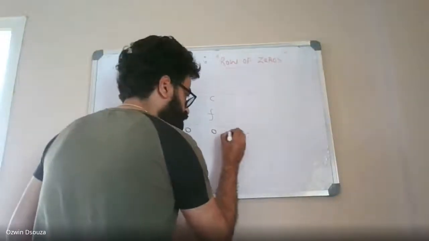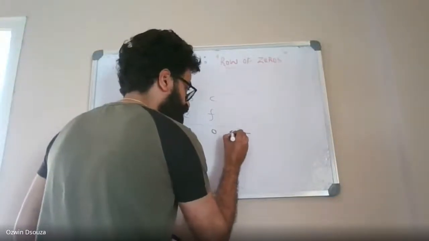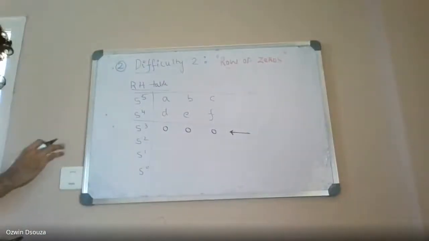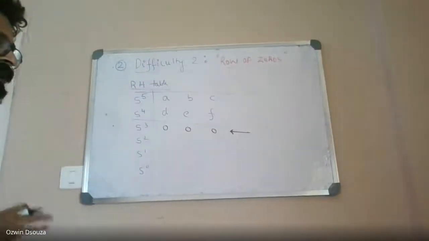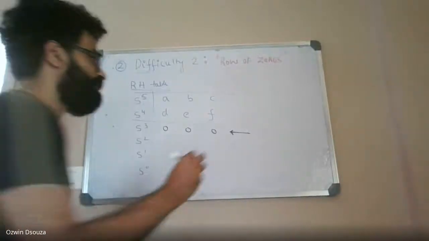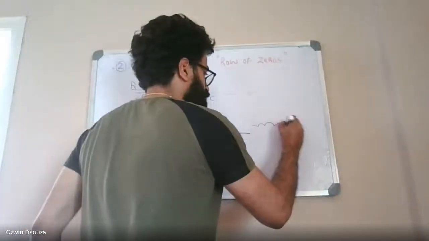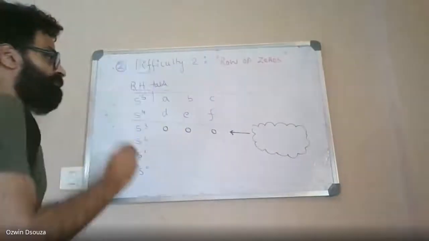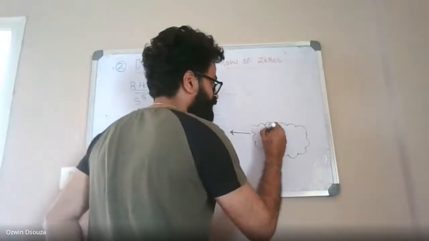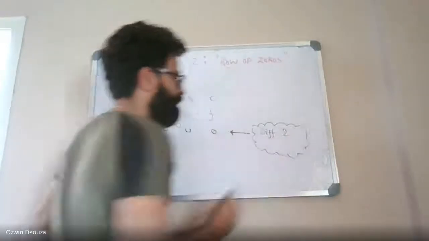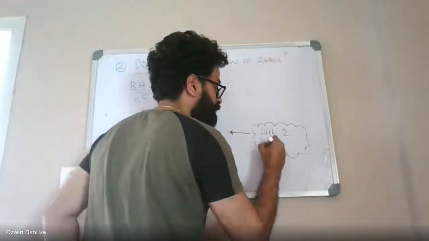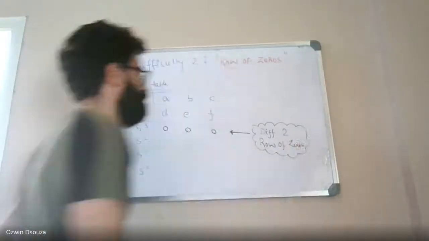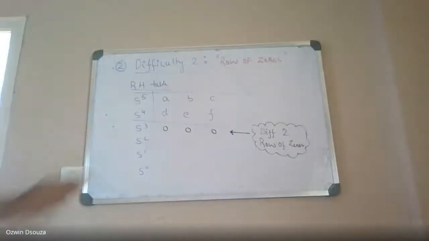So if you get all the coefficients in a particular row in the RH table as a row of zeros, then it is called difficulty 2, or row of zeros. Okay. So this is the difficulty.